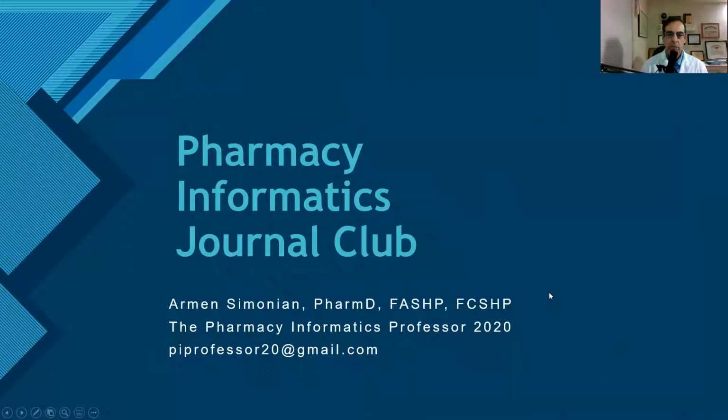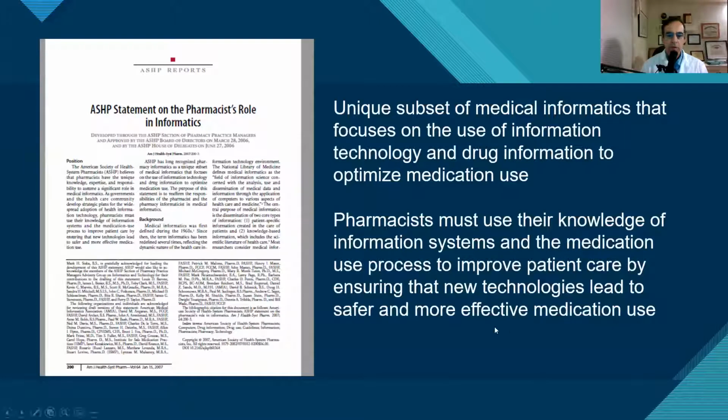We'll start with one that I've discussed before, which is the statement put out by ASHP that really seemed to recognize pharmacy informatics as a specialty area of practice for pharmacists. This was based on a meeting that occurred in 2006, and was published in January of 2007. It talks about what pharmacy informatics is and the fact that it's a subset of medical informatics.